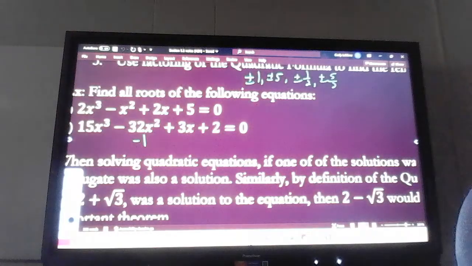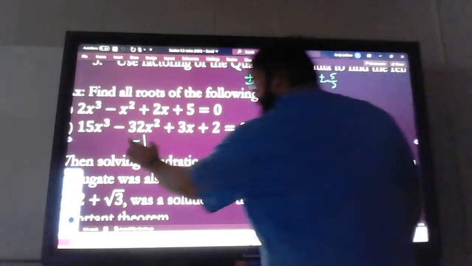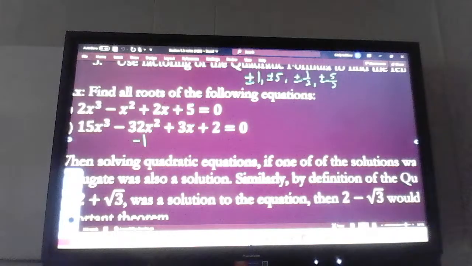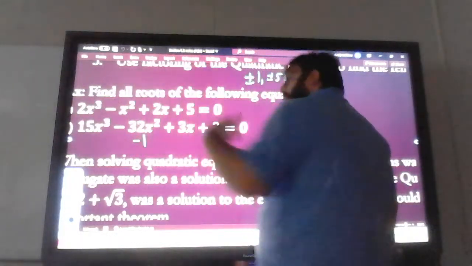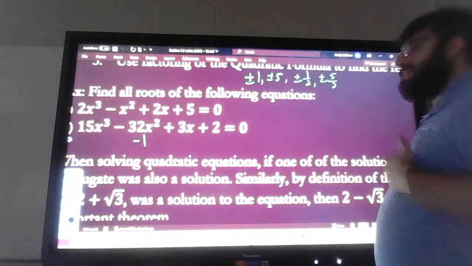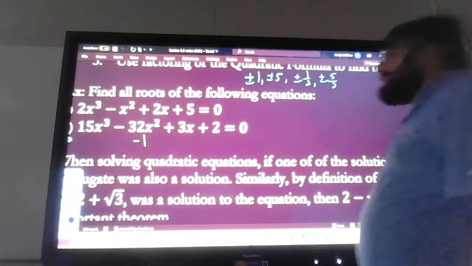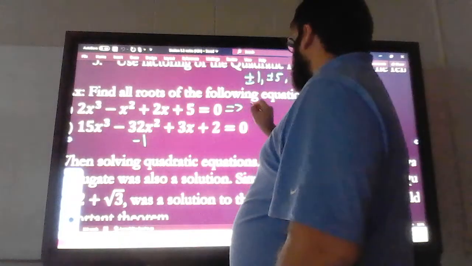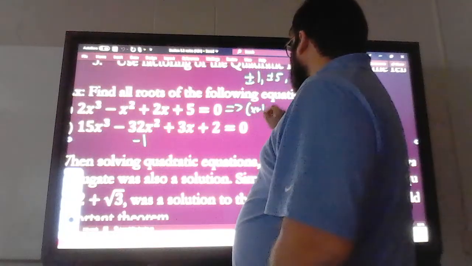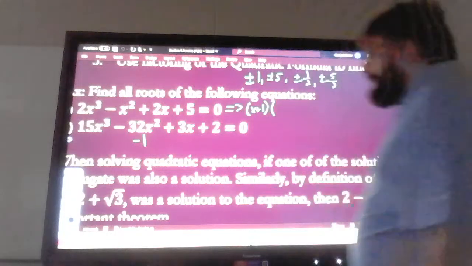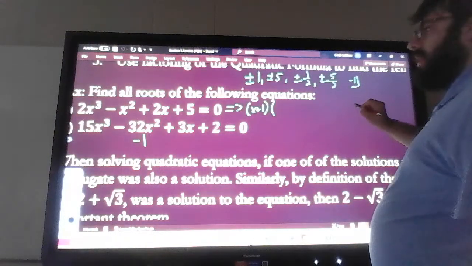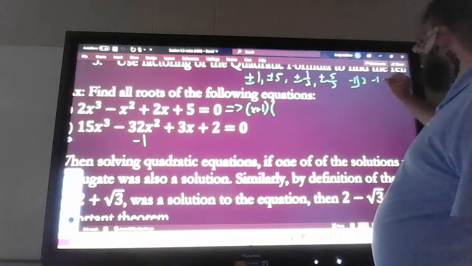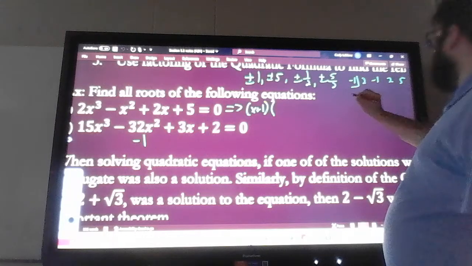Now, what do I do next? Now that I've found a rational root, I'm going to use synthetic division with this number on this polynomial to break it down and see what its factors are. Obviously, x minus -1, or x plus 1, is a factor. I want to find out what the other factor is. So -1, and my coefficients are 2, -1, 2, and 5.